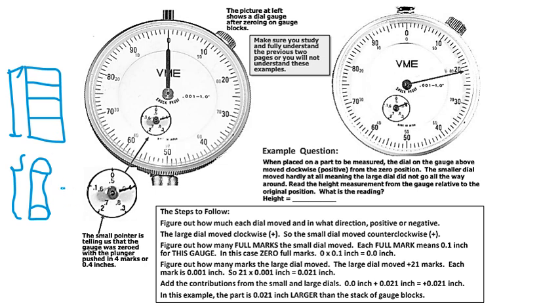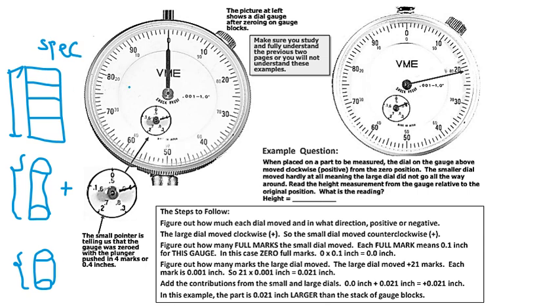If it's larger, your dial indicator markings will go to the positive side. If your part has a shorter height than your specification, because we call this gauge stack our spec, so let's keep it easy, spec here.